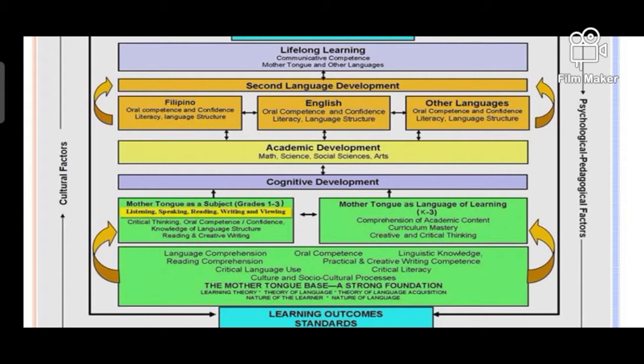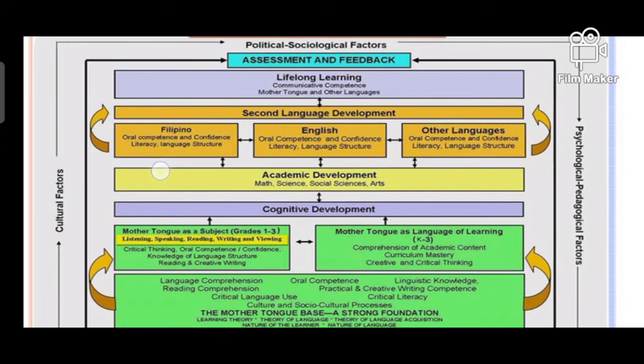Next is once the students master the competencies, they will achieve a certain level of cognitive development and academic development. So these are the math, science, social science, arts, and arts. And after this development or stage is the Filipino, English, and other languages. It includes the Bicolano, Cebuano, Magindanaon, and many more.